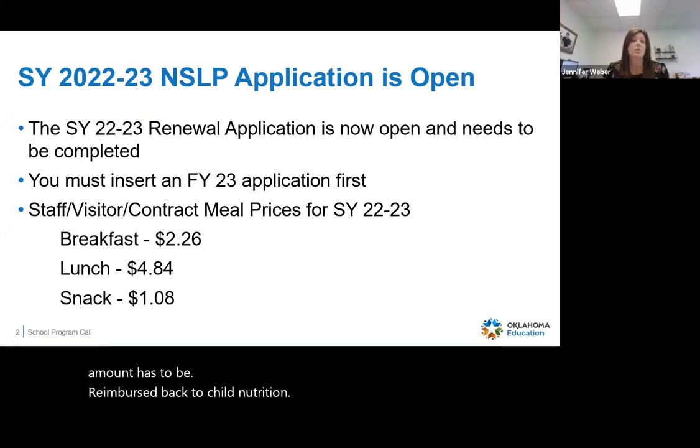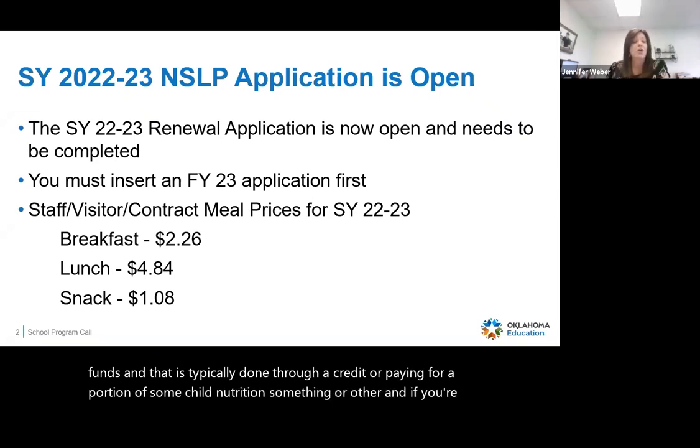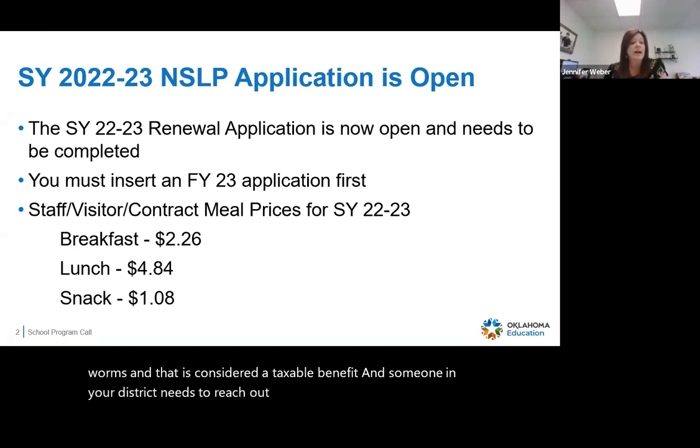Typically that has to be done with non-federal funds, and that is typically done through a credit or paying for a portion of some child nutrition something or other. If you're not charging your teachers at all, that is a whole other can of worms, and that is considered a taxable benefit, and someone in your district needs to reach out to OCAS to see how to deal with that, because it should be taxed as a benefit.